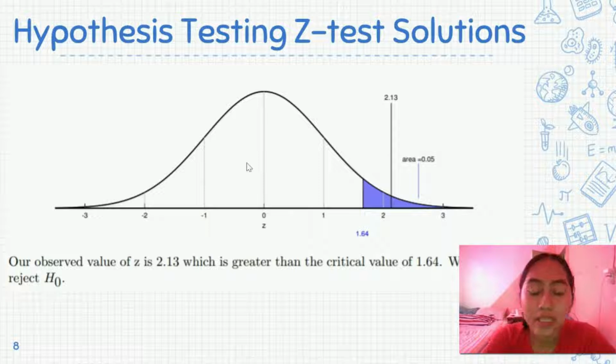So it is clear that our observed value of z is 2.13, which is greater than the critical value of 1.64. So we therefore reject the H0.